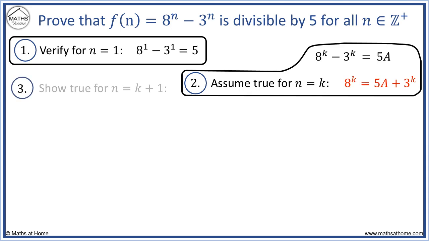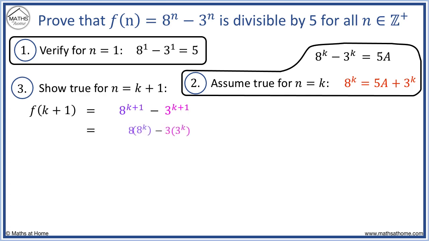When n equals k plus 1, we obtain 8 to the power of k plus 1 minus 3 to the power of k plus 1, which can be written as 8 times 8 to the power of k minus 3 times 3 to the power of k. We can substitute 8 to the power of k equals 5a plus 3 to the power of k like so.